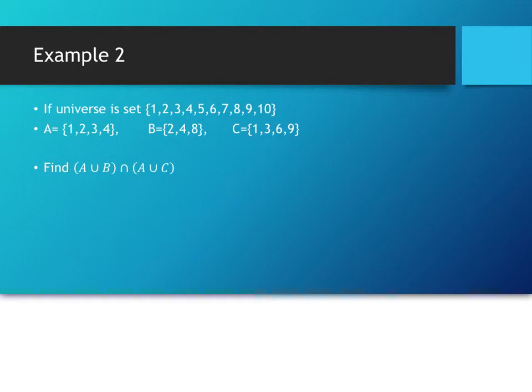All right, so again, do not try to do this all at once. We have a lot of operations going on, so take your time. First off, A union B. A union B gives us 1, 2, 3, 4, and 8.